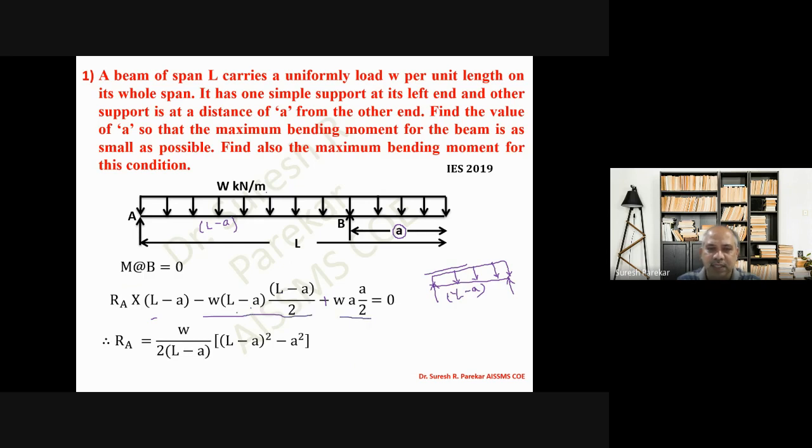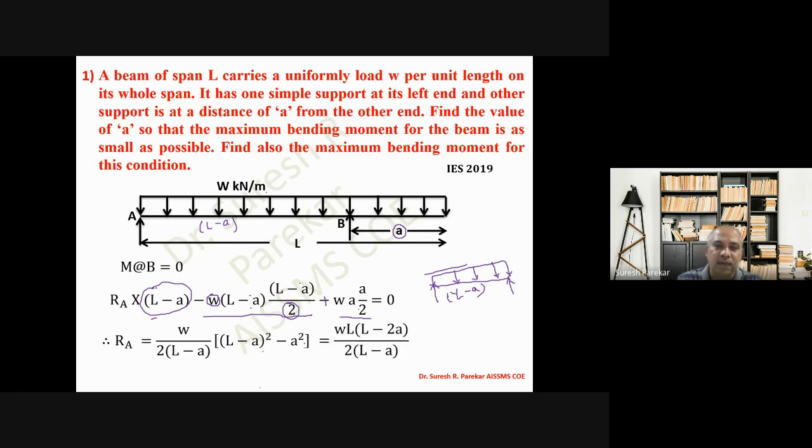So we take W upon 2 common, and L minus A goes to the denominator on the right-hand side, and in the bracket we have L minus A whole square minus A square, and from this we get RA.